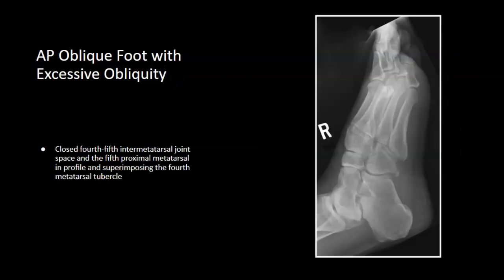In excessive obliquity, you want to evaluate the 4th through 5th intermetatarsal joint spaces. They will be demonstrated as closed. You also want to look at the 5th proximal metatarsal. It's usually in a profile and superimposing the 4th metatarsal tubercle.